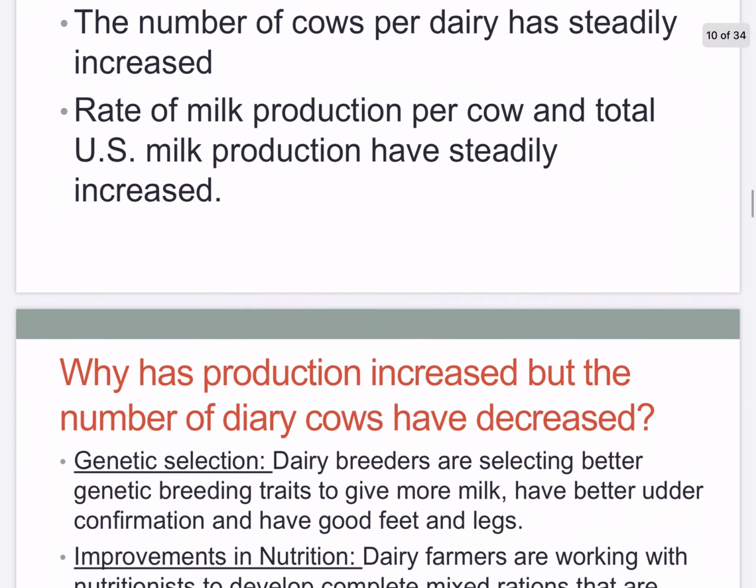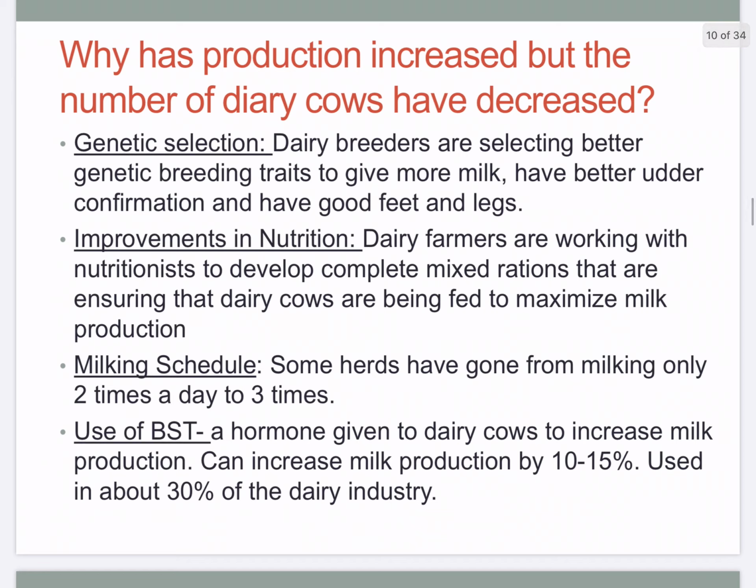Okay? So this is going to go over some more of that. So we've got genetic selection, improvement in nutrition, milking schedule, and use of BST, which is a hormone.